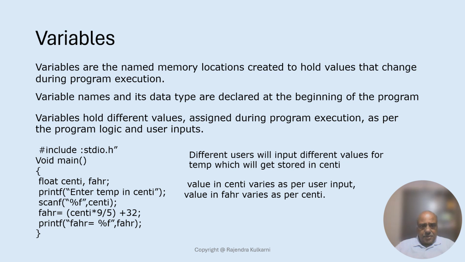Even a single same person or a same user using this program for conversion of centigrade to Fahrenheit may wish different values for that temperature in centigrade. So a variable will always be holding values that change as per the requirements of the user, as per the expressions which are causing changes in the value of a variable.